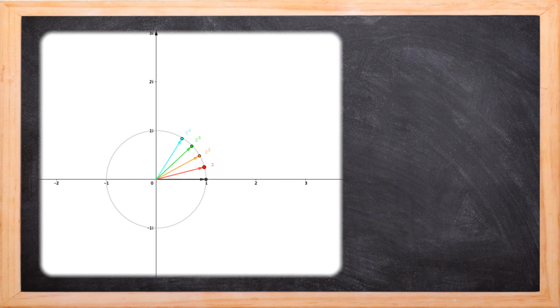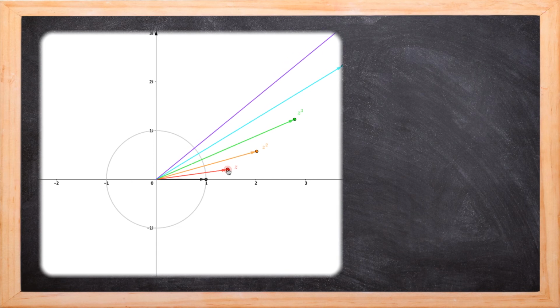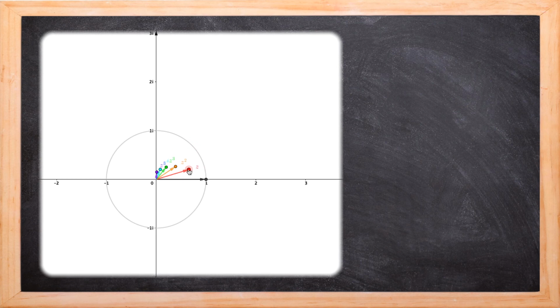Let's show a few more. There's z to the 4 and z to the 5. So let's move around again. Scaling factor means that as I go out from the unit circle, scaling factor is larger, and when I go in, the scaling factor is less than 1, and therefore the associated vectors will shrink in size.